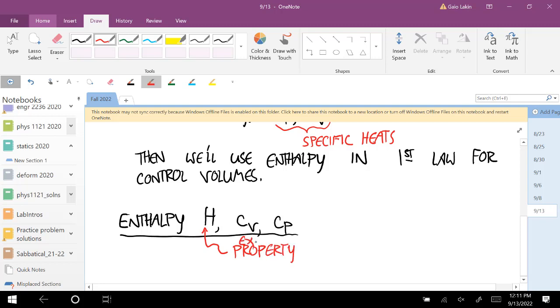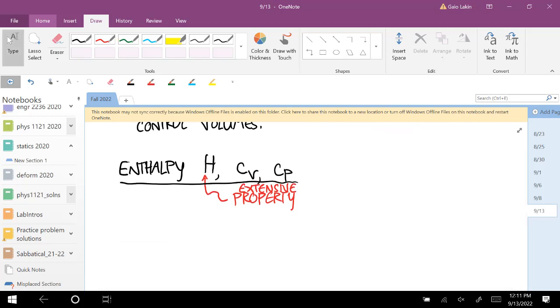It's an extensive property, but you can also calculate it per mass, and the intensive enthalpy per mass is in tables. So if you have tables for a material, you can look it up. In the first calculation we'll use some values from a table to calculate it. Then you could look up the corresponding enthalpy in the table, and you'd see that it's not an approximation. It's just using the definition. It's exactly what it is in the table.